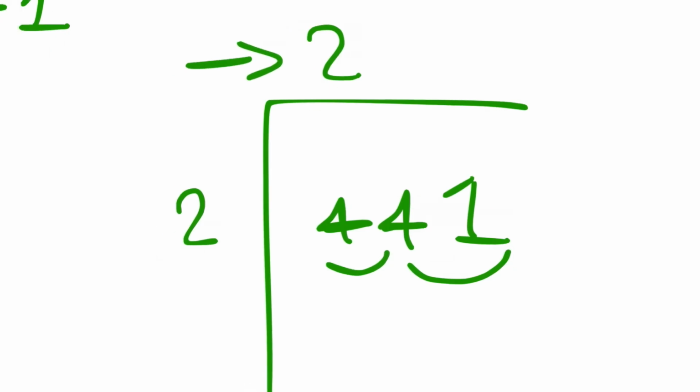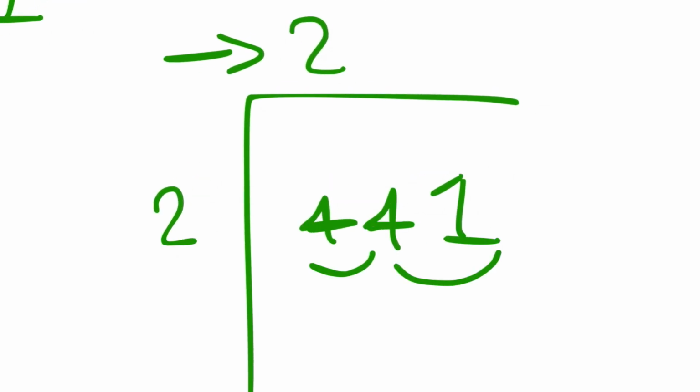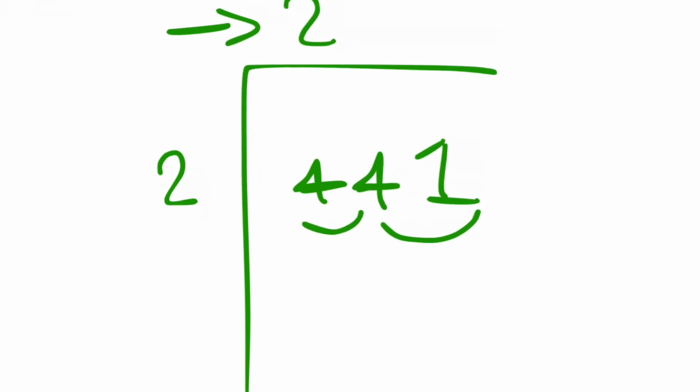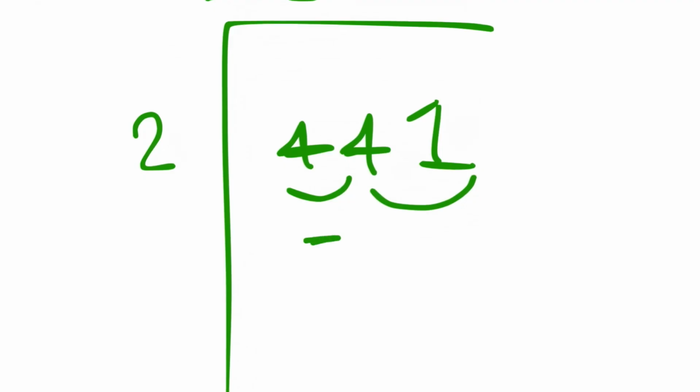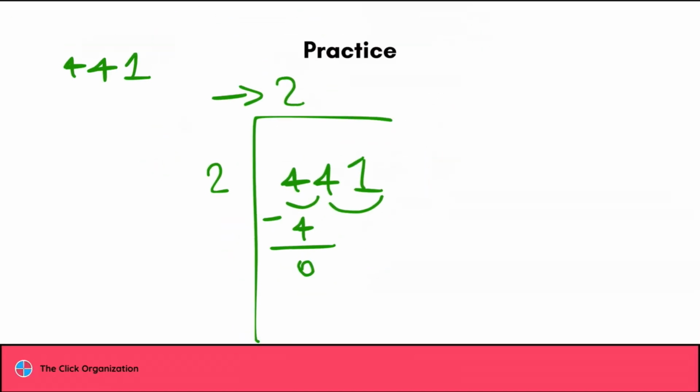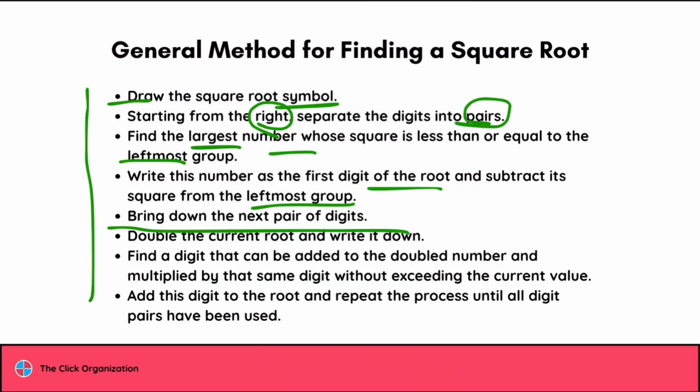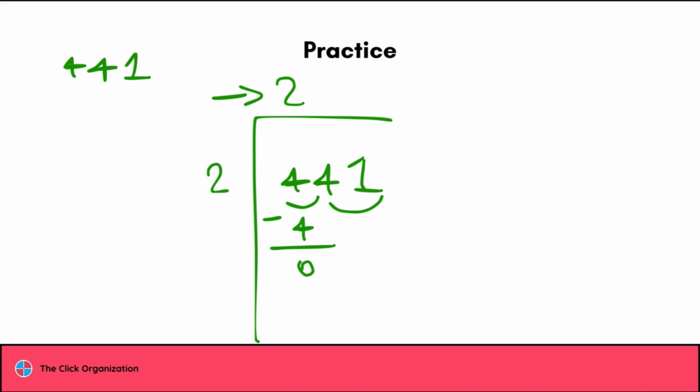And then I need to subtract the square of this number from the leftmost number. The square of 2 is 4. 4 subtracted by 4 is going to be 0. What else? We bring down the next pair of digits. So bringing them down, 41.